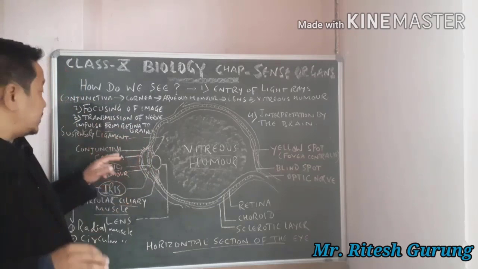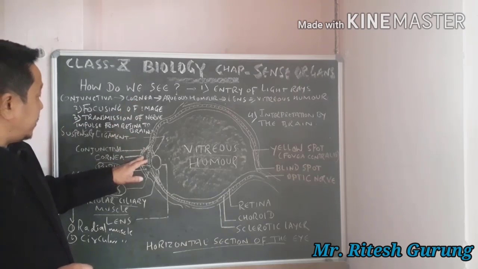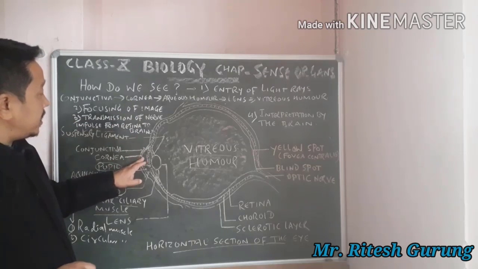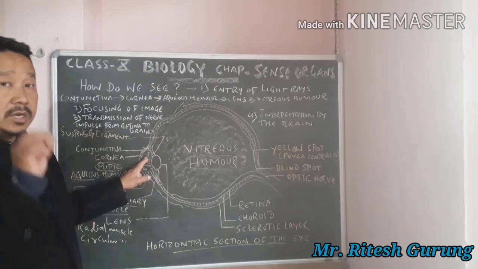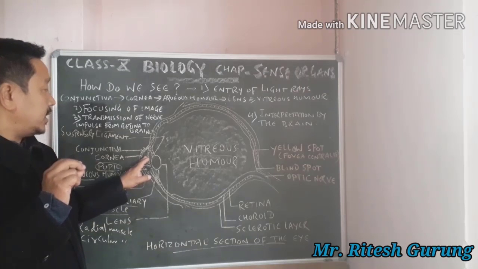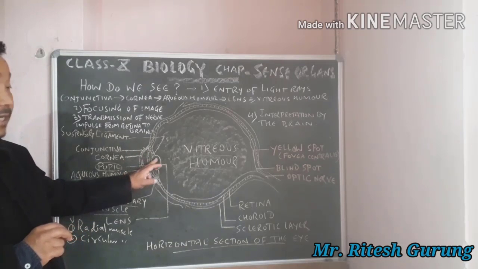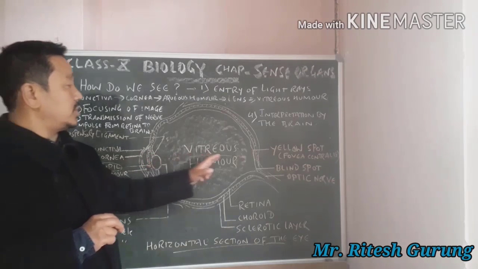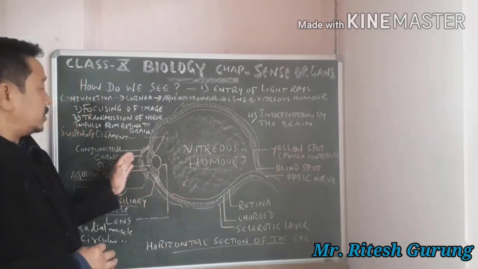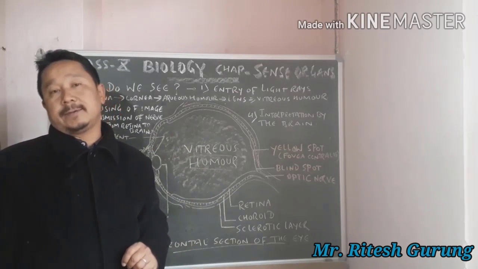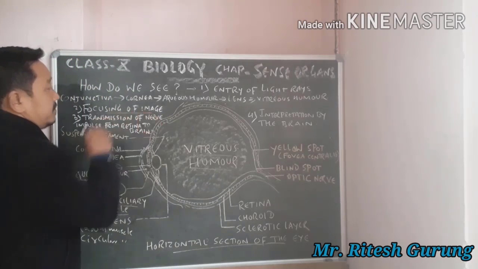Through the conjunctiva, the light passes to the cornea, and from the cornea it goes to the aqueous humor, the watery fluid in the chamber. From the aqueous humor it goes to the lens, and from the lens it goes to the vitreous humor. That way the light from an object passes through these transparent structures of the eye. That is point number 1.